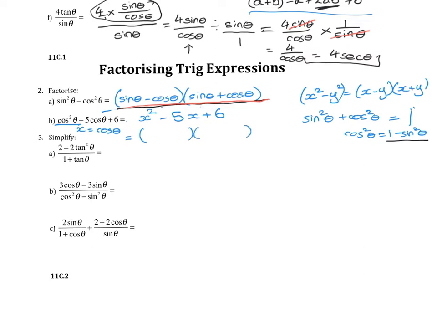What are two numbers that multiply to 6 and add to negative 5? That would be x minus 2 and x minus 3. You can expand that just to check it. But wait a minute, I can't leave my answer in terms of x when my original was in terms of cos theta, so I need to put cos theta back in there.